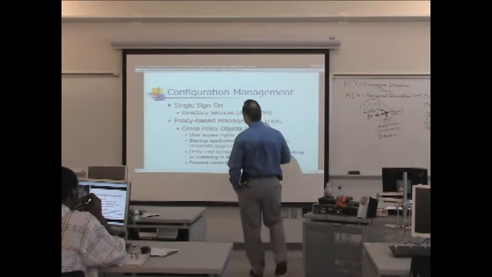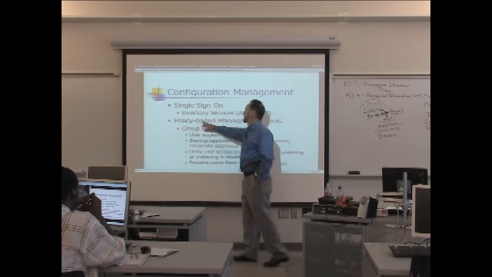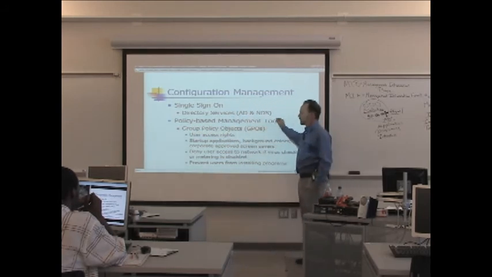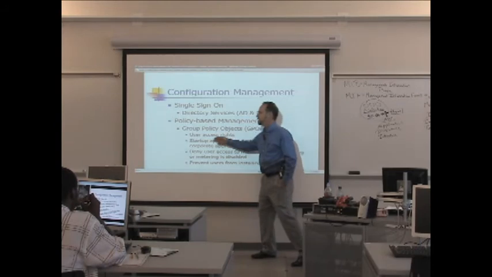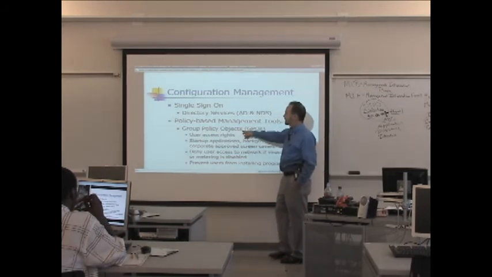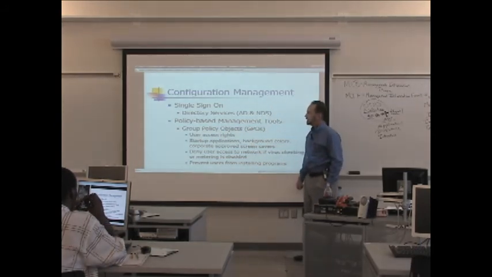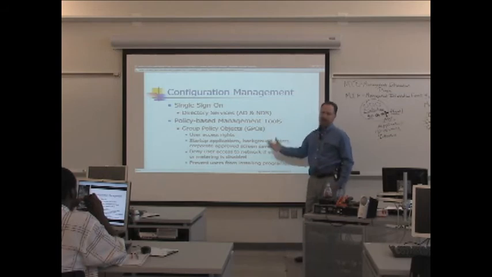We also want to be able to utilize what is referred to as policy-based management tools. In the Microsoft world, and this is pretty true in most of the high-end networks these days, they use what are called GPOs, or Group Policy Objects. Again, we're talking about databases here.